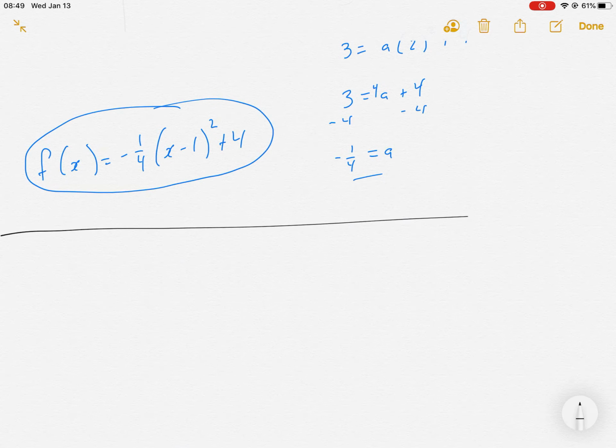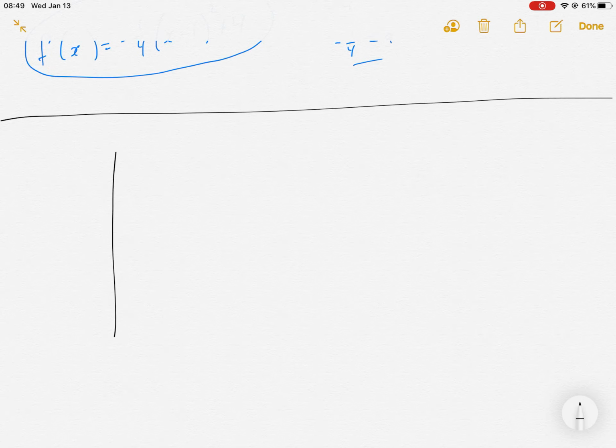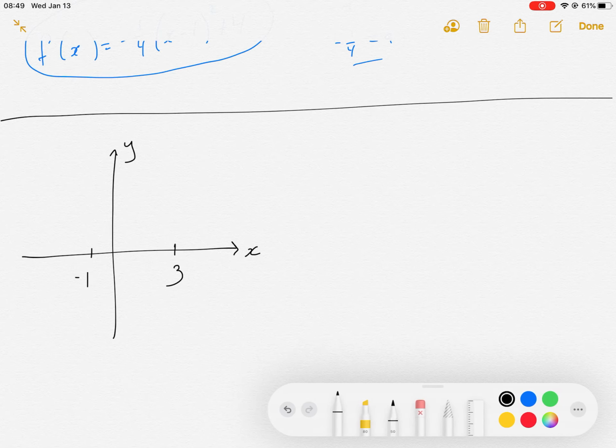So let's try another problem. Let's say you're given now some slightly different information. Let's say you have the x-intercepts in this case. So I'm not going to actually tell you what the vertex is, but I will give you the x-intercepts. And I'm also going to give you a y-intercept.